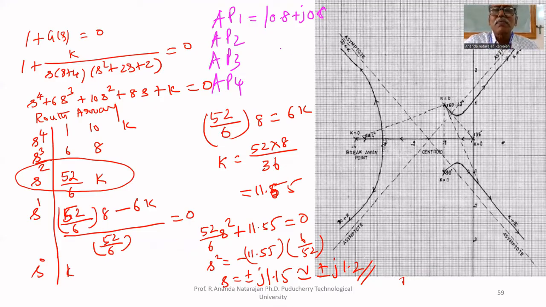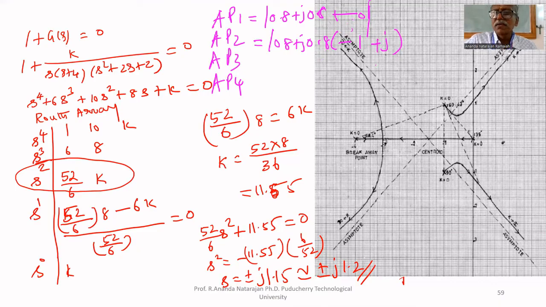AP1 equals modulus of (0.8 plus j 0.8) minus P1, which is 0. Next, AP2 equals modulus of (0.8 plus j 0.8) minus (minus 1 plus j).